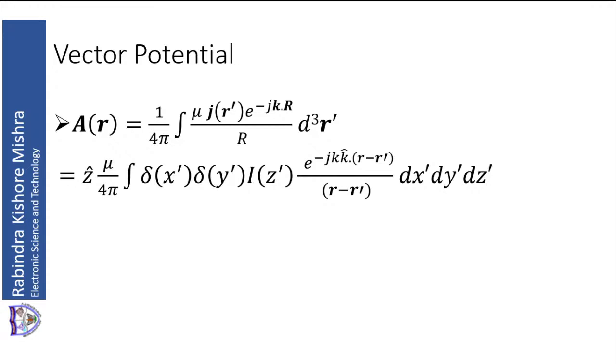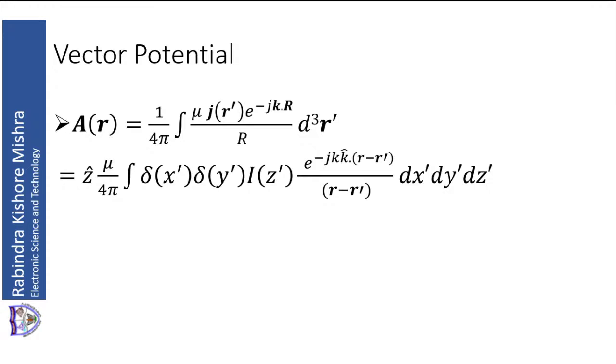Why delta x dash delta y dash? Because this current is along the z axis. There is no extension along the x axis or the y axis. So this current exists only when x is equal to 0 and y is equal to 0; everywhere else it is 0. It exists only on the z-axis.